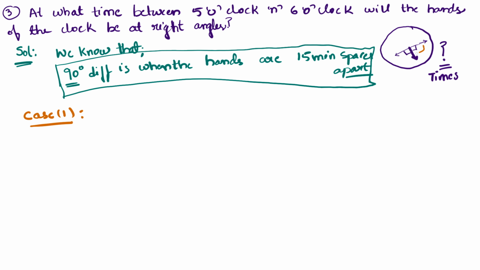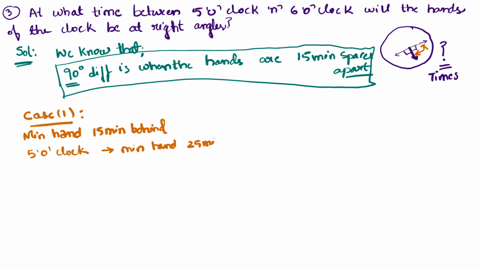The first case is when the minute hand is 15 minutes behind the hour hand. At 5 o'clock, the minute hand is actually 25 minute spaces behind the hour hand. So, in order to be 15 minute spaces behind, it has to gain 10 minute spaces.